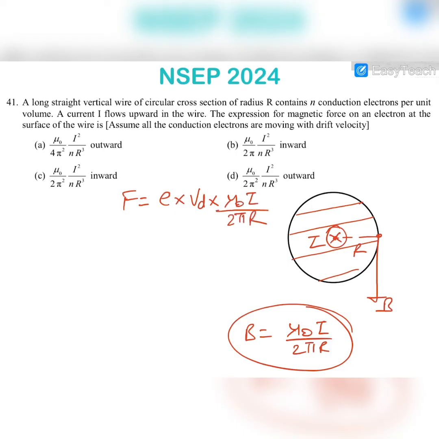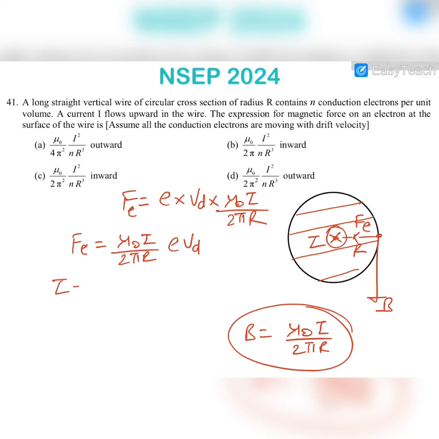Now the drift velocity is outside this plane. Then you can apply Fleming's left hand rule, and you can check that the force will be acting in the inward direction, and this force Fe will be mu naught I by 2 pi r into e Vd.